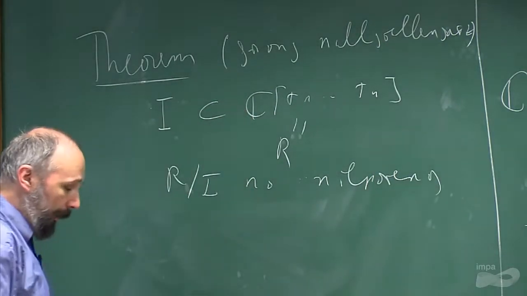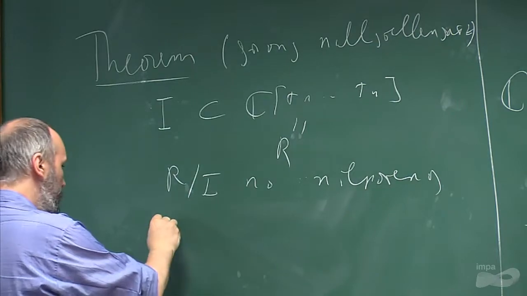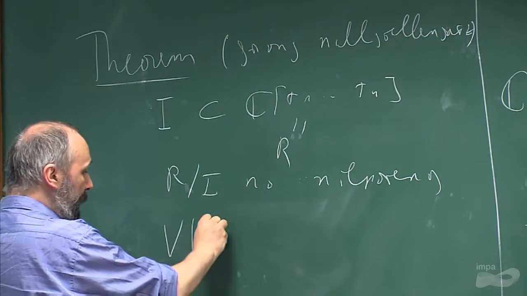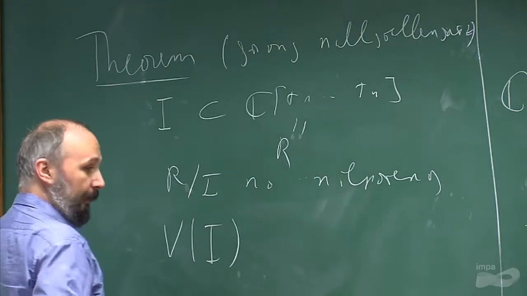Well, from the usual Nullstellensatz, the weak Nullstellensatz, we know that V of I is non-empty.